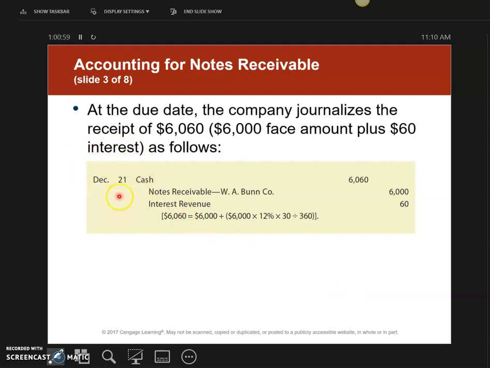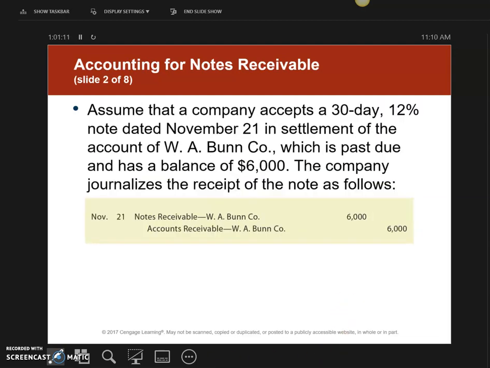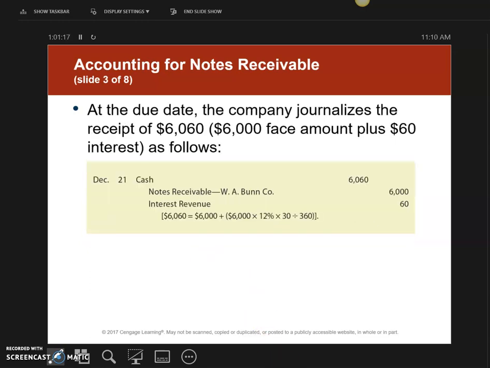By the way, if you did it right, December 21st would be the due date. $60 would be the interest. Okay? So it's very simple journal entries. The journal entry to start the note is this one, as long as it was from an accounts receivable. And the journal entry to collect the cash is this one.